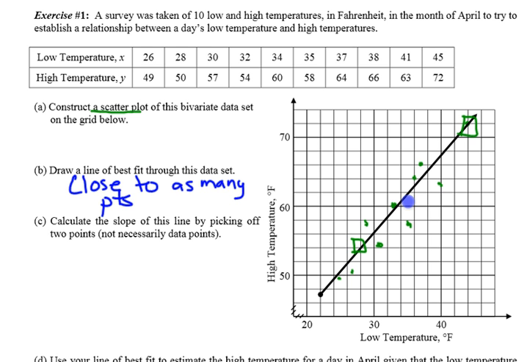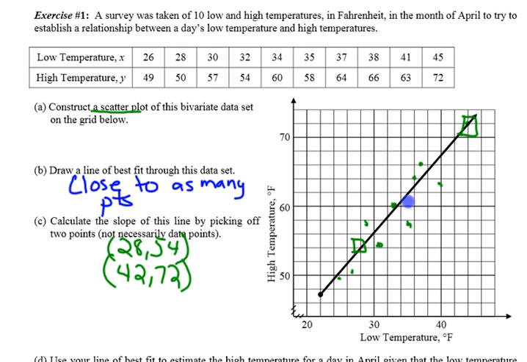This point is 28, 54. And then this other point is 42, 72. And I know I ended up moving my graph a little bit.